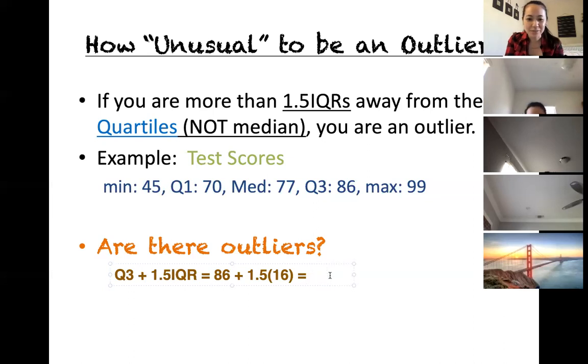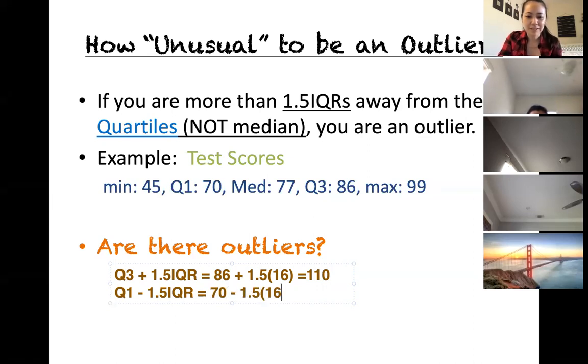Doing some mental math here, 24 plus 86 is 110. That would be the upper number. On the lower end, it would be Q1 minus 1.5 IQRs, so 70 minus 1.5 times 16. If my mental math is correct, 24 gets me 46.